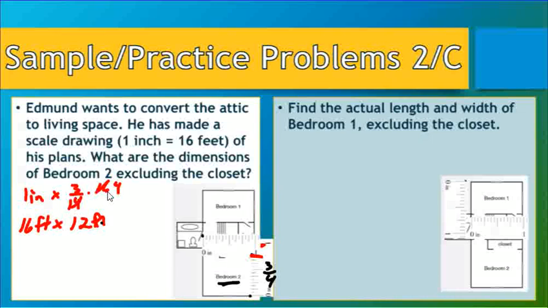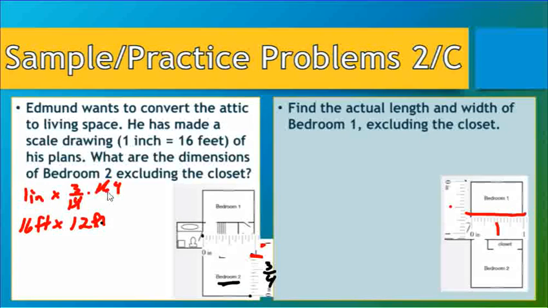And then find the actual length and width of bedroom 1, excluding the closet. So here we have 1 inch, and over here, excluding the closets. And if we look at the closet parts, so here's the part. So this is the halfway point.